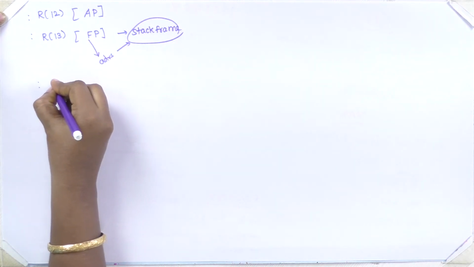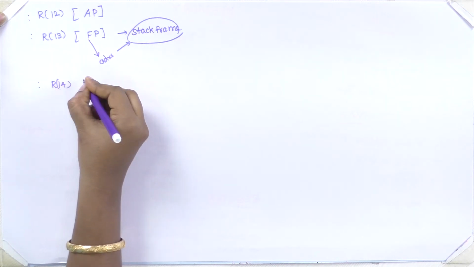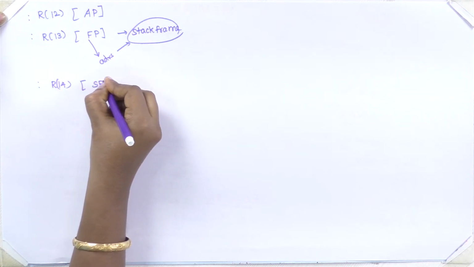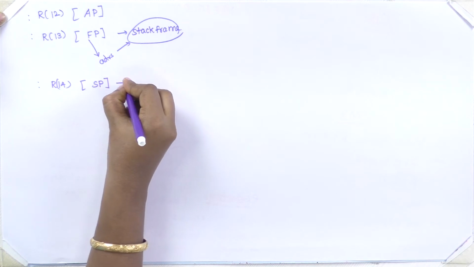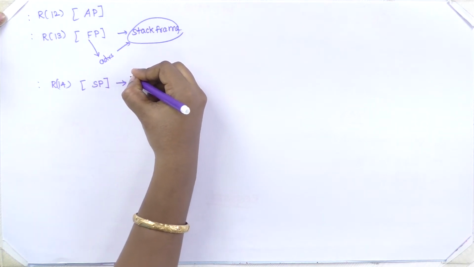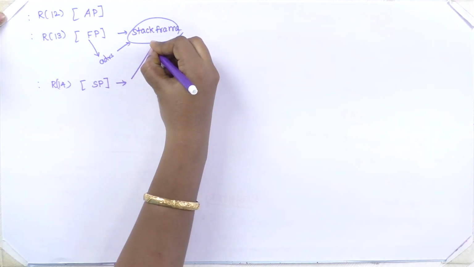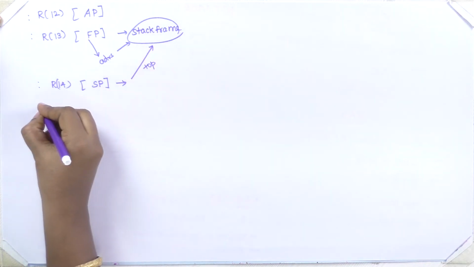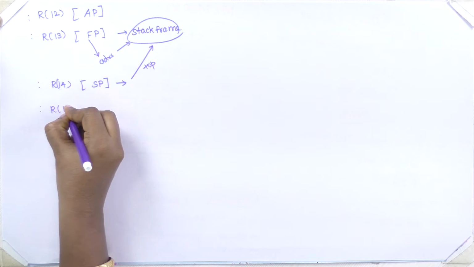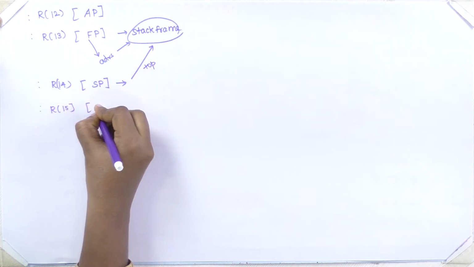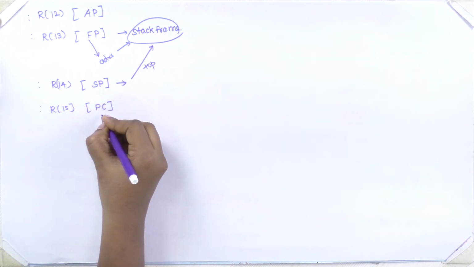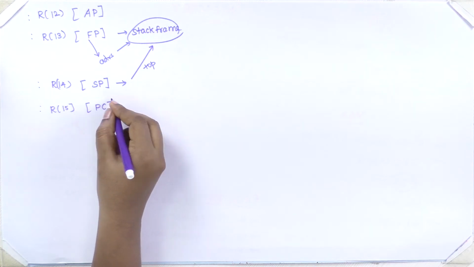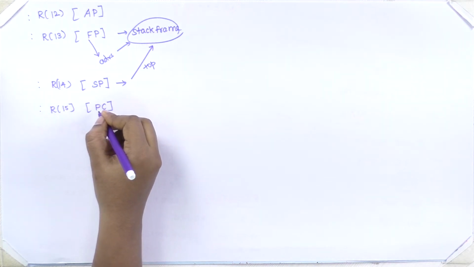Then R14 is our stack pointer register. This points to the current top of the stack in the program process space. Then the register R15 is our program counter register, which will always point to the next executable instruction.